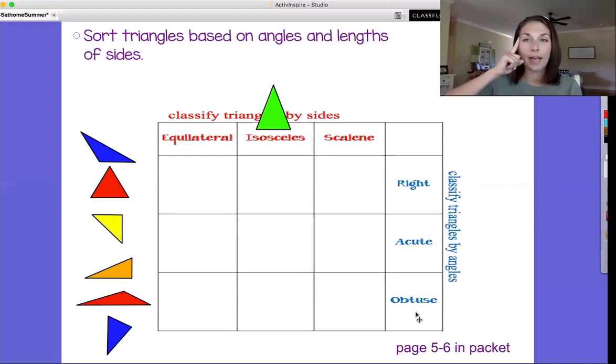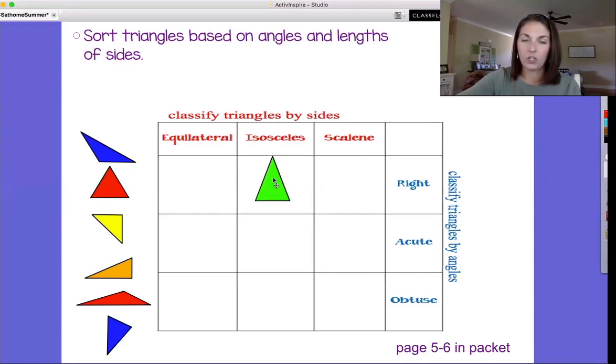Well, when I think back to what I learned about those 3 types of angles, it must include a right angle to be a right triangle. I don't see a right angle in that triangle. It must include an obtuse angle to be an obtuse triangle. I don't see an obtuse angle, but I do see 3 acute angles. So I would classify that triangle as isosceles and acute.